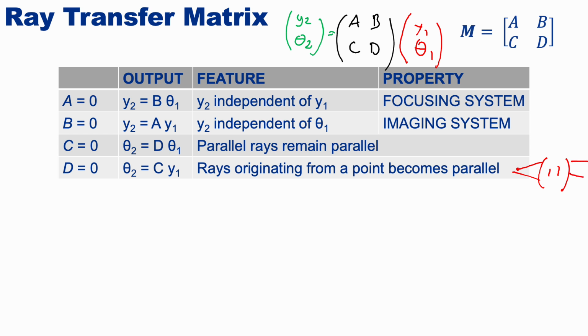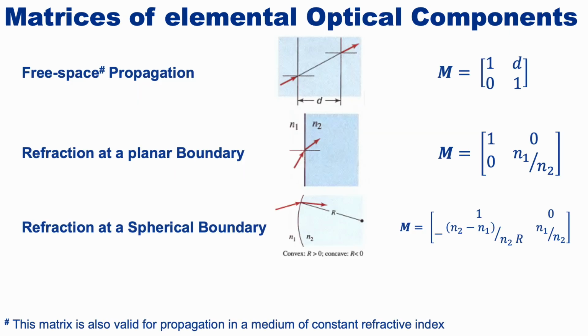For knowing more about how to solve the ray transfer matrix in an arbitrary system, we need to define particular matrices for elemental properties. The first one is propagation. It can be in air or in a medium where the refractive index is constant.